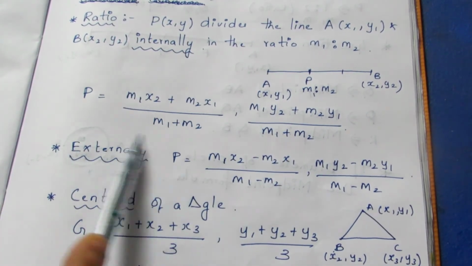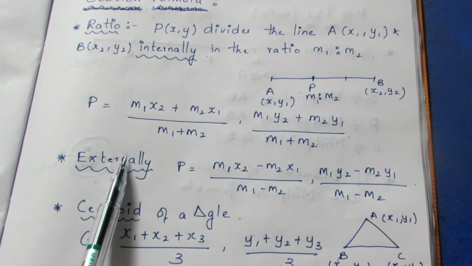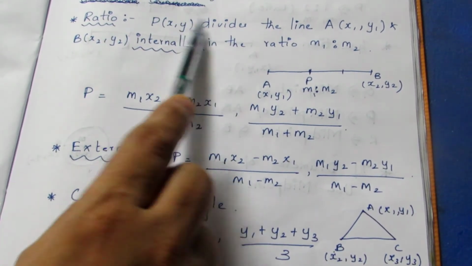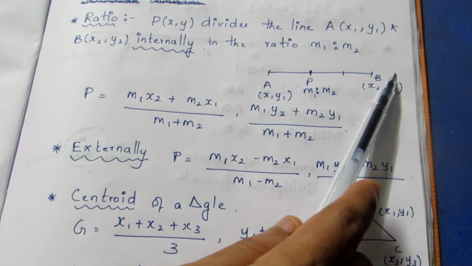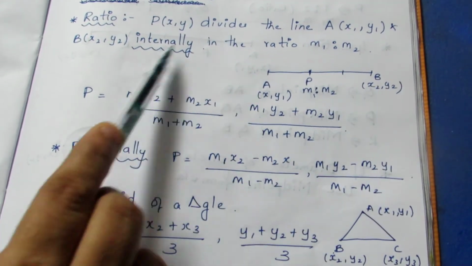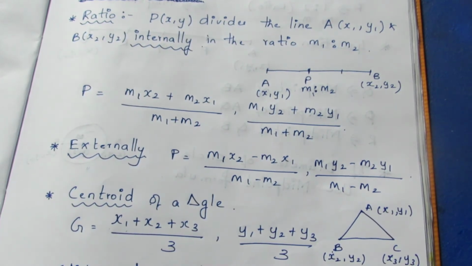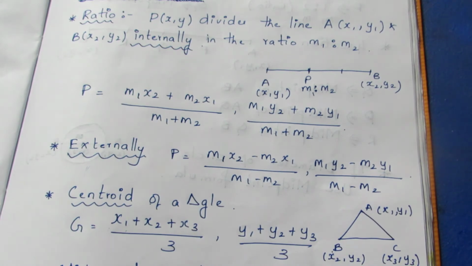For externally, they will specify it. If they just give, divides in the ratio m1 is to m2, or any ratio, it will be internally. So you will always follow the internally formula. Otherwise, if it is given externally, we need to use the externally formula.